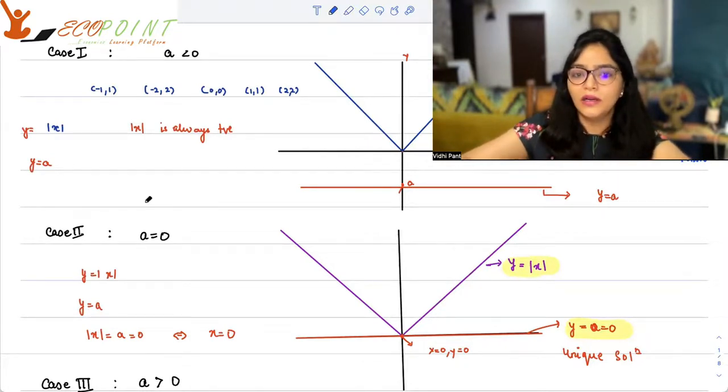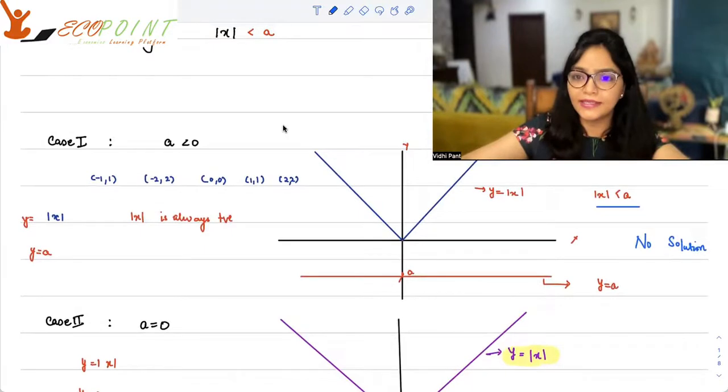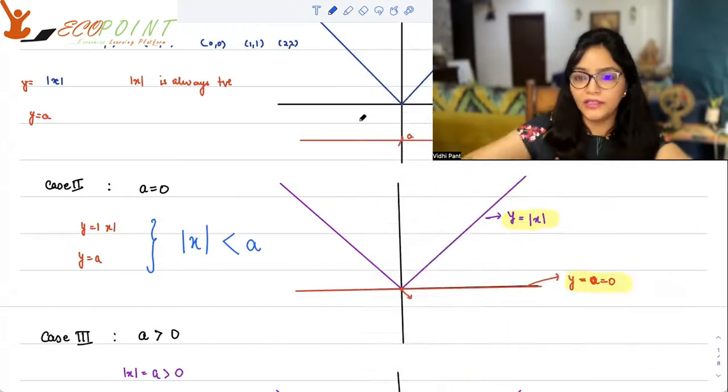Well, we are about to find out for what x's it is possible that modulus of x is lesser than 0. We are interested in the scenario where modulus of x is strictly less than a, and a is nothing but 0. So that means mod x needs to be lesser than 0.